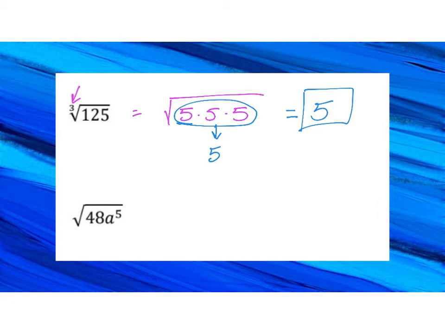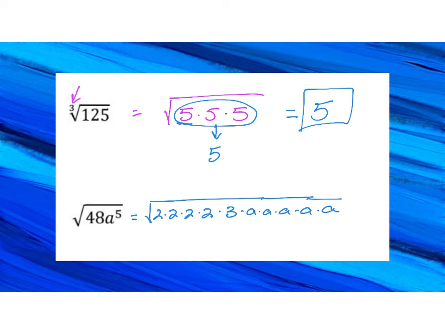All right, now let's look at this next one. I'm going to stretch this guy out as far as it'll go. The prime factorization of 48 is 2 times 2 times 2 times 2 times 3. And then I have all those A's as well. So A times A times A times A times A. So from here, what I'm going to do is circle my groups of 2 because my index is 2.